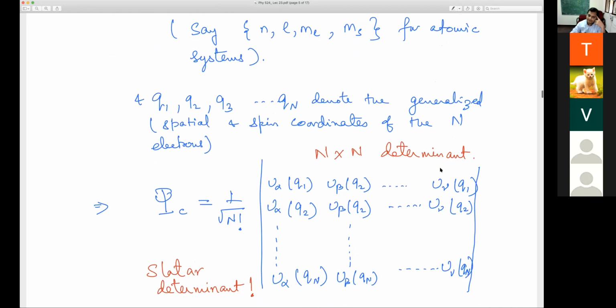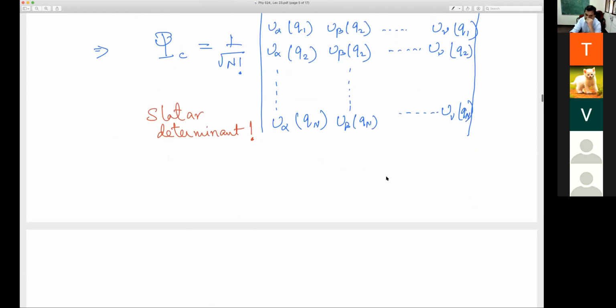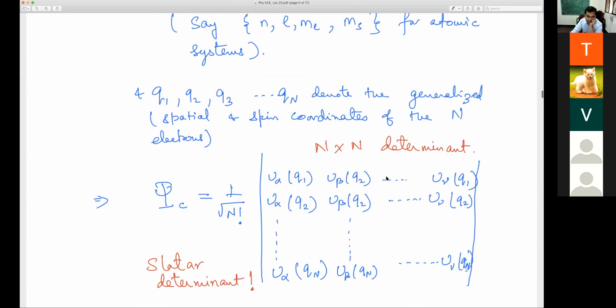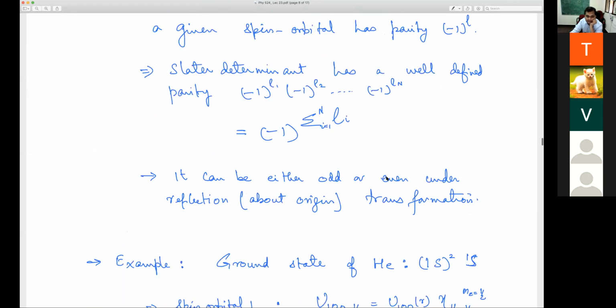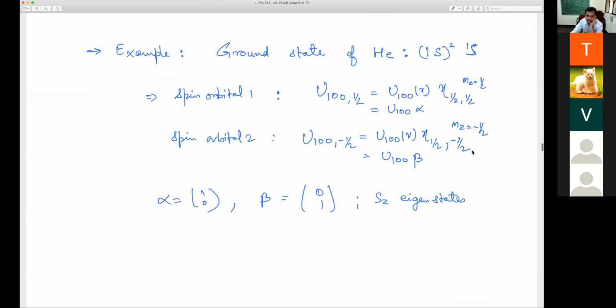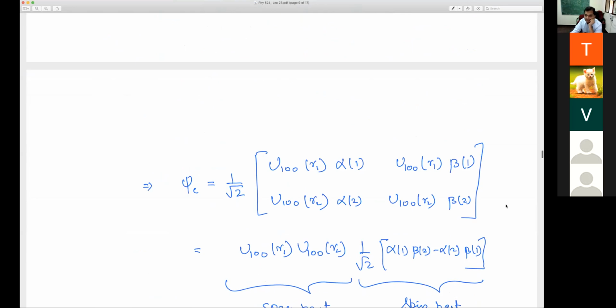And the spin complicates things a bit, so I have to take care of the spin part and the space part. Even for fermions, the space part can be symmetric or antisymmetric, and the spin part can also be symmetric or antisymmetric, such that their product together needs to be antisymmetric. This is brought out very nicely in this example of the helium atom ground state, where I constructed the full antisymmetric wave function.